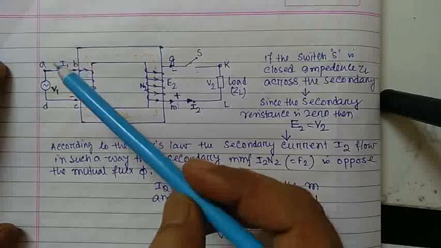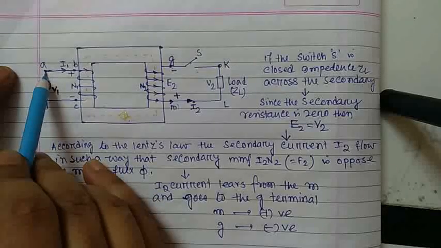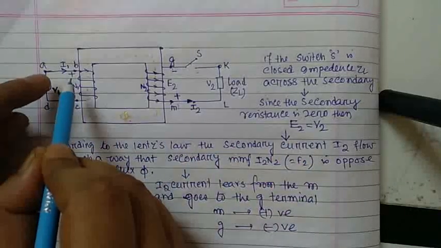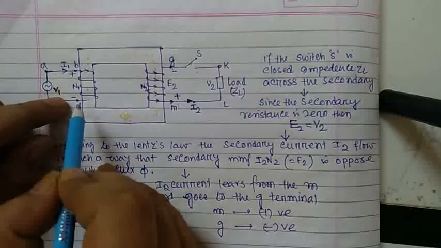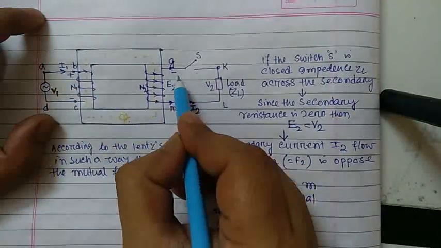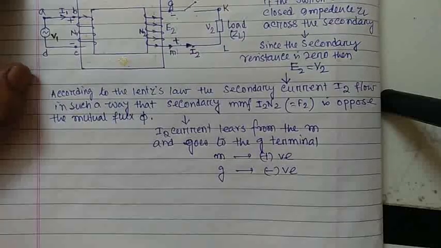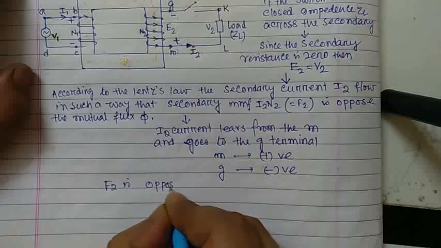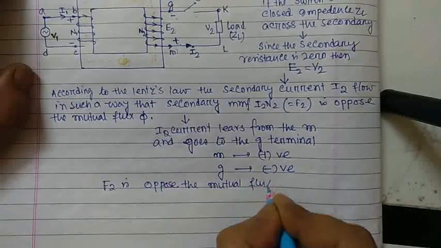Now if you look at the primary side, the current direction is A to B. So we can conclude that when primary terminal B is positive with respect to C, then the secondary terminal M is positive with respect to G. Again, F2 opposes the mutual flux phi.